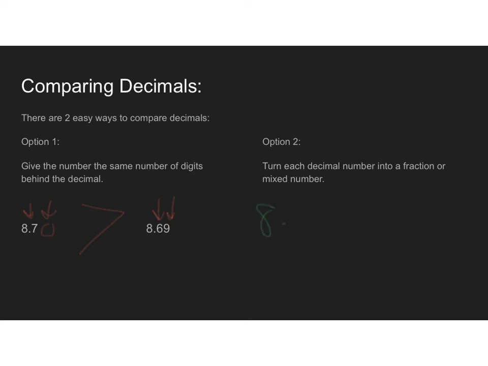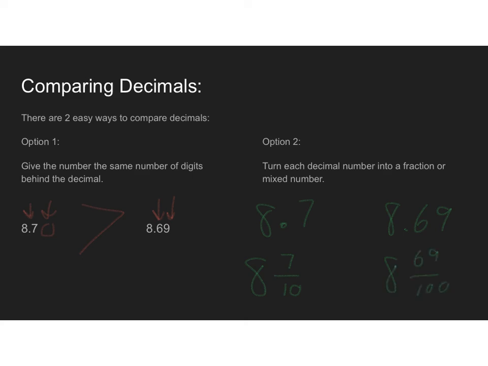Okay, my other option is I could go back to this exact same example, 8 and 7 tenths and 8 and 69 hundredths, but this time instead write them as a fraction. So I'm going to still keep the 8, but I'm going to write this part 7 tenths. And this one's 8 and 69 hundredths.